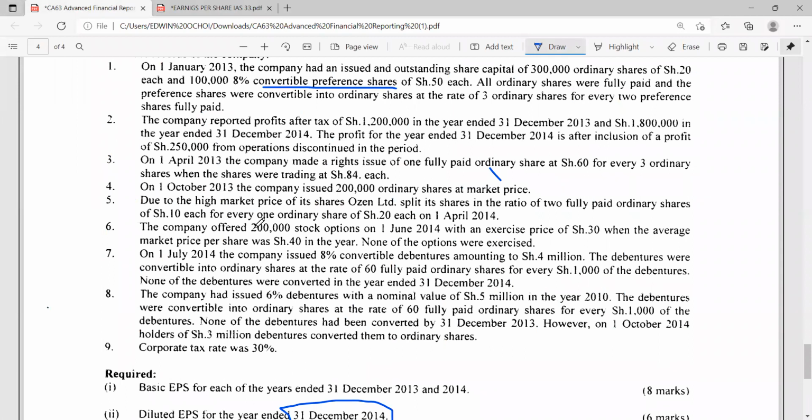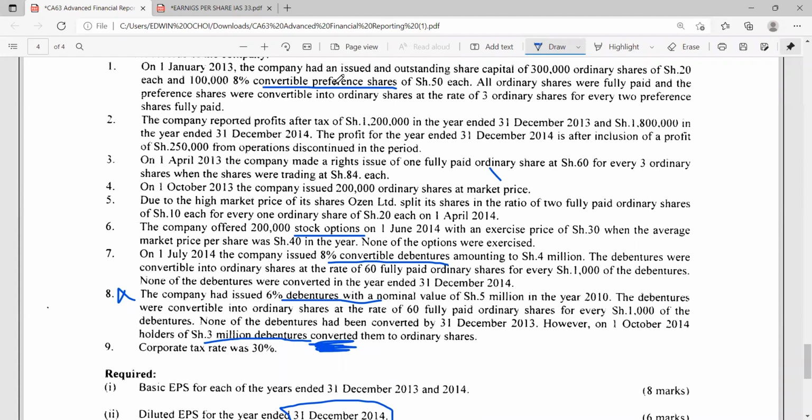So the second one I will use is the stock options. The third one is 8% convertible debentures. The fourth is 8% debentures. I'm using it because they said they converted 3 million. So I'm assuming that this security is convertible because already they converted the 3 million.